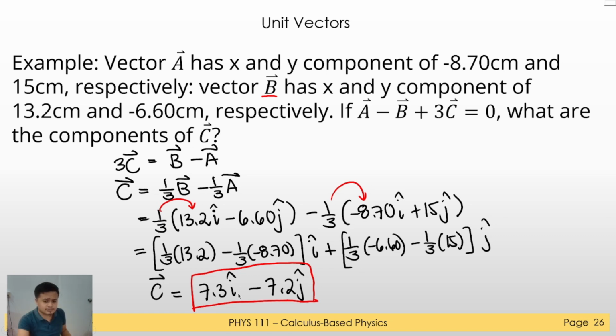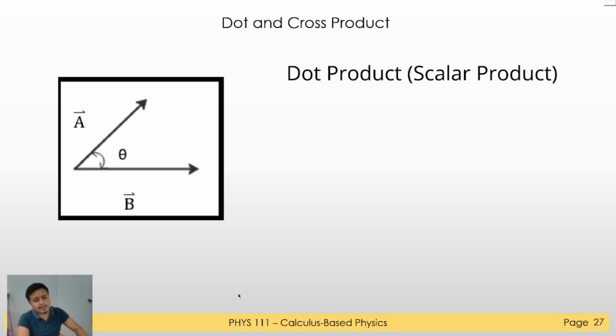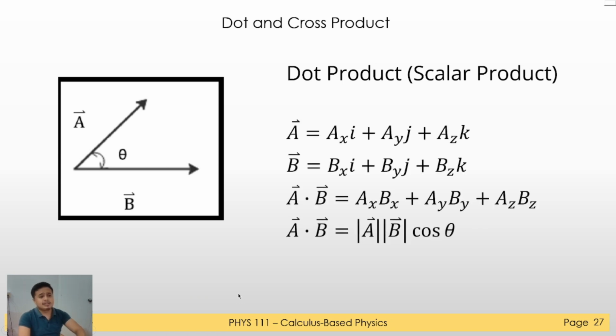Okay, let's move on to the last two topics, the dot product and the cross product. So I won't make things too complicated again. Given two vectors A and B, we can find the dot product of A and B by multiplying the components component-wise.